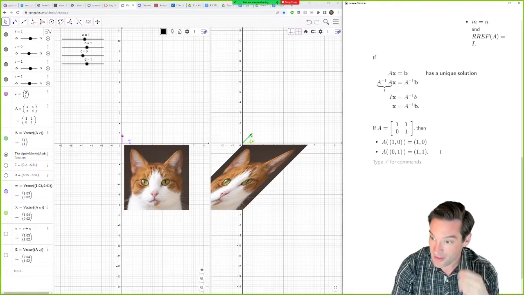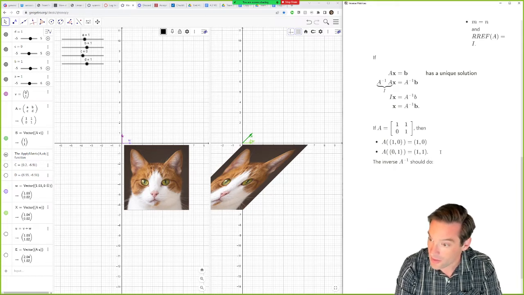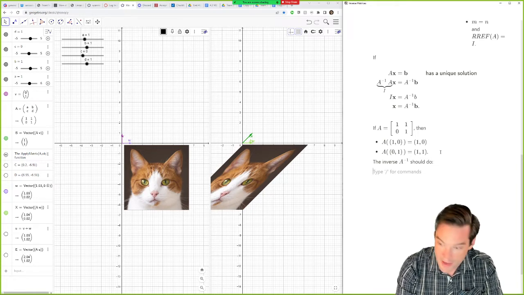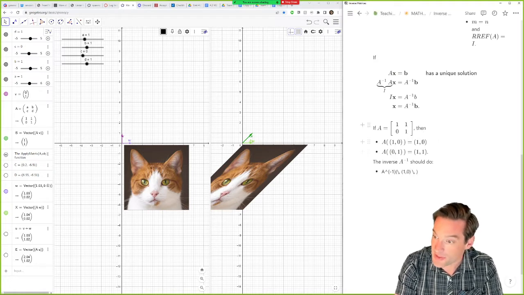So if I want to find the inverse, A inverse should do the following. Actually, no, let's say it this way. It needs to do exactly the opposite of what this linear transformation up here did.